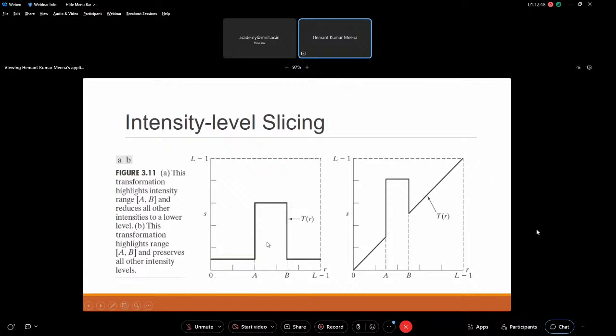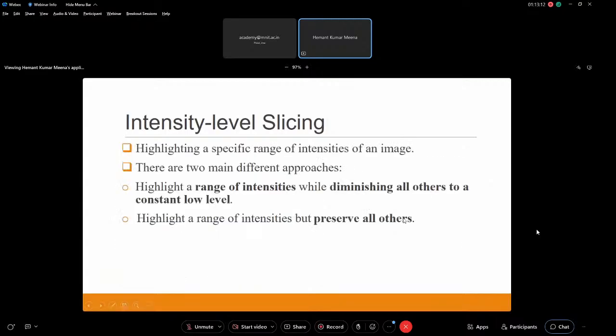So within that range, if some range is there, we are able to translate it with this linear function, intensity level slicing, and there you are seeing it. How is this possible? By some mathematical operation, some translation.